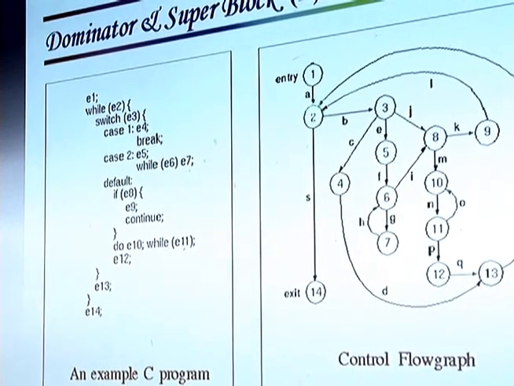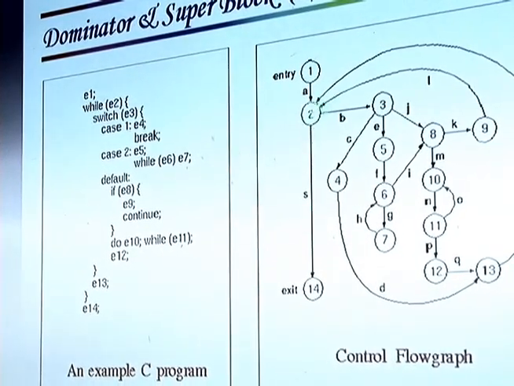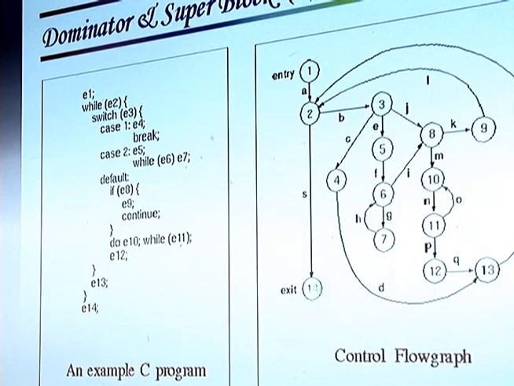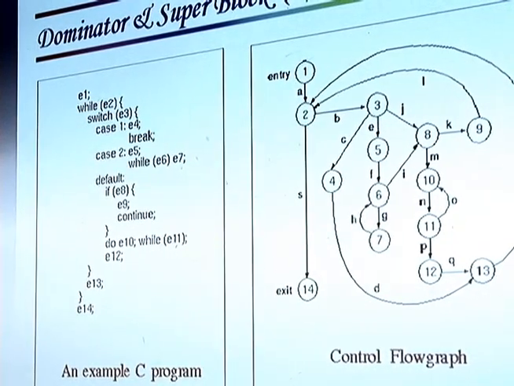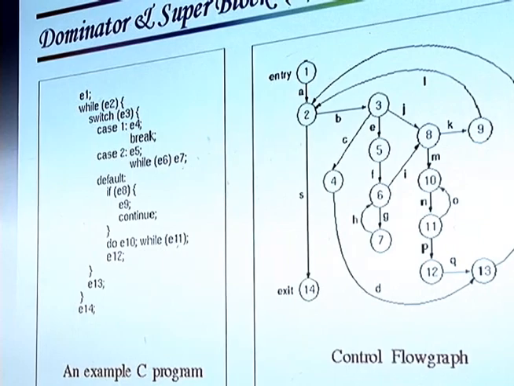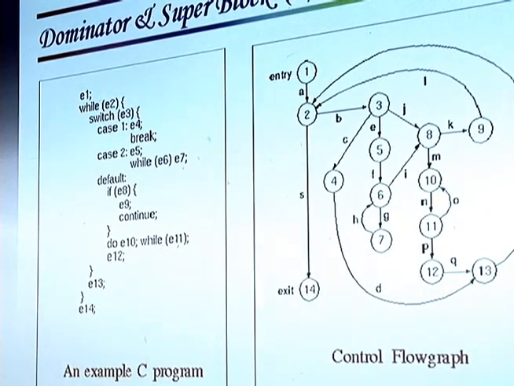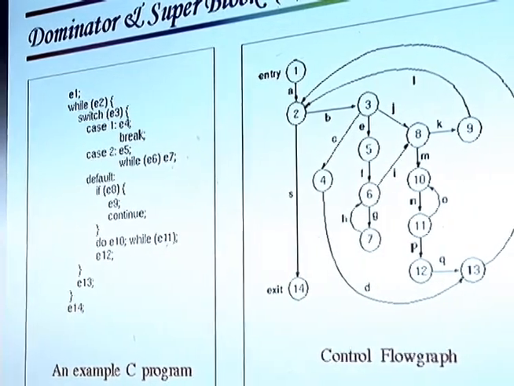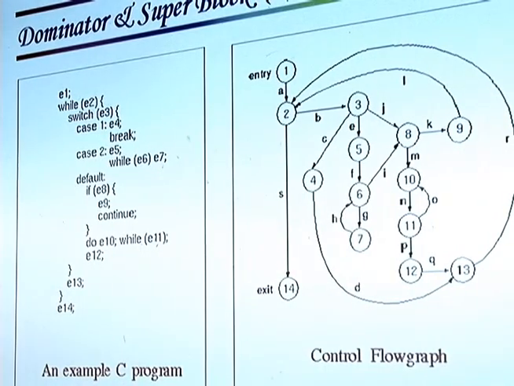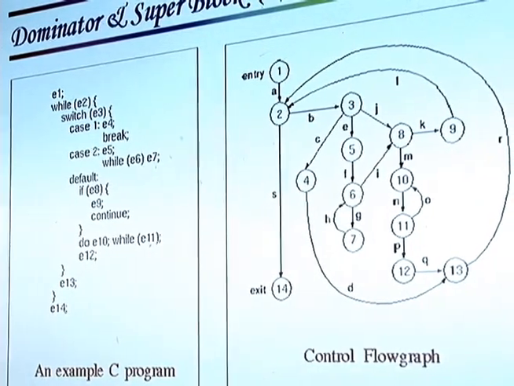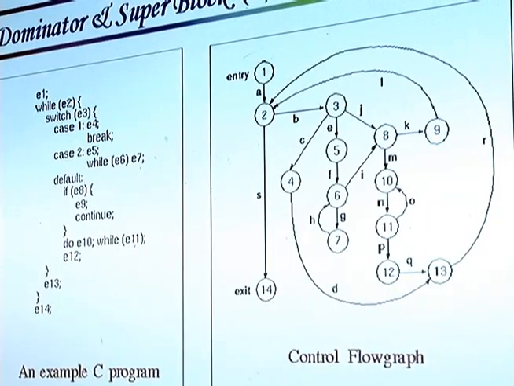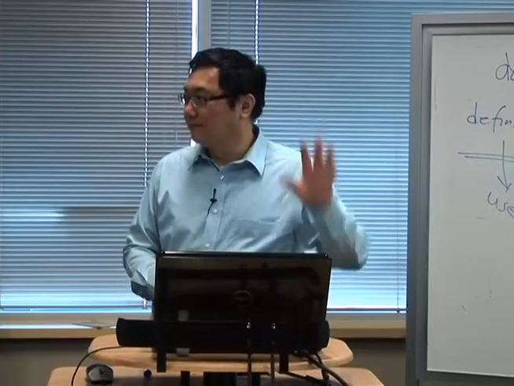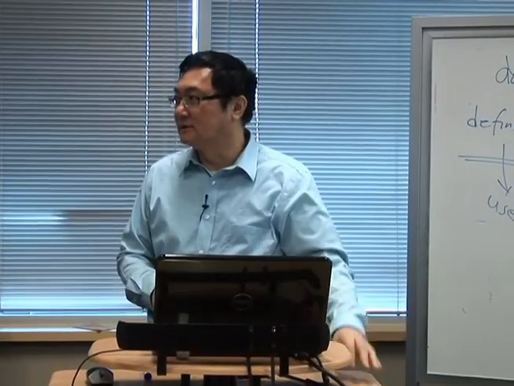Every time execution goes to 2, it will not exit unless it goes through 14. So 14 post-dominates 2. Therefore, we are going to say 1, 2, 14 can be bundled together, because if one is executed, unless it's an abnormal termination, the other two will also be executed. So 1, 2, and 14 together give you what?